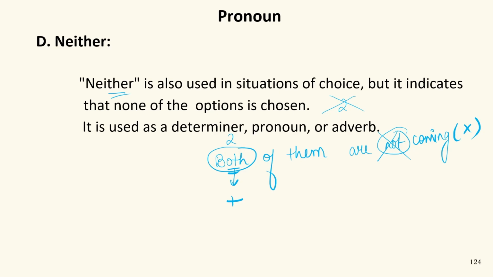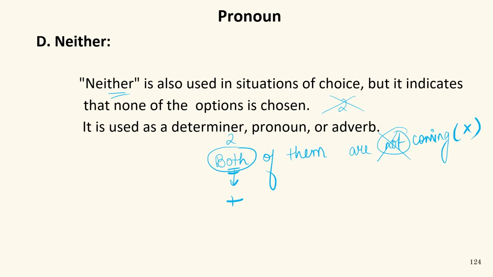The meaning of the sentence should not change if we find any error in that. In a spotting errors case as well, there is a rule that the meaning of the sentence should not change. We have to rectify the sentence in such a manner so that the meaning does not change. Now, if I remove this not, the sentence will be both of them are coming. It states the positiveness of the sentence.